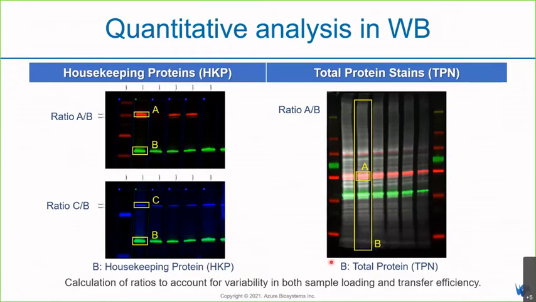Right. So for many years, researchers have used housekeeping proteins such as actin, tubulin, or GAPDH to normalize Western blot loading. They are usually detected alongside your target of interest, let's say protein A. For example, this is your housekeeping protein B. They can be detected on the same blot or a different blot.